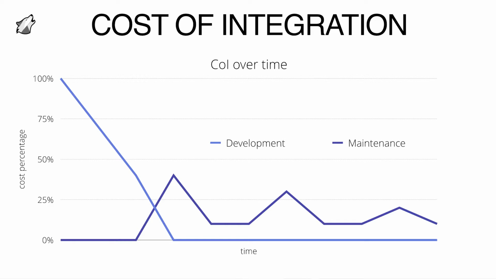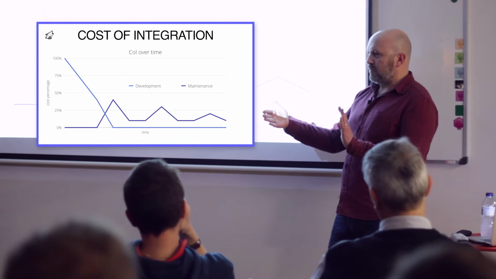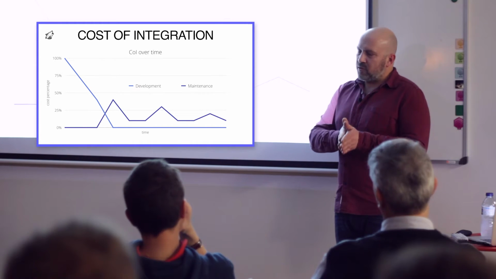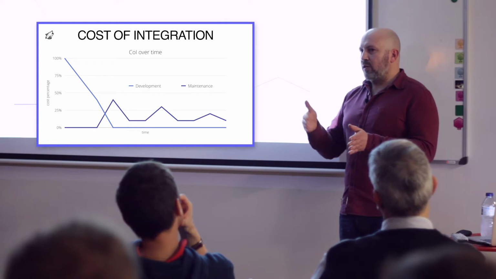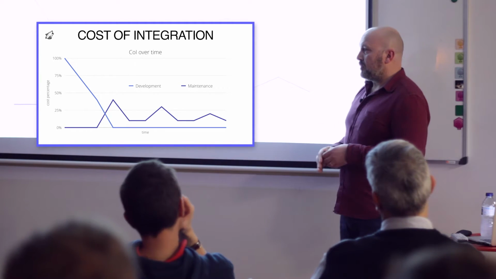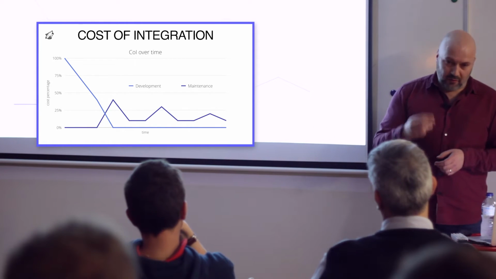You'll probably need to add a new feature now and then, and so on. And this flat line here is actually the cost of keeping the system up and running. So it's basically infrastructure plus all the activities that are required to keep your API and the integration up and running over time.